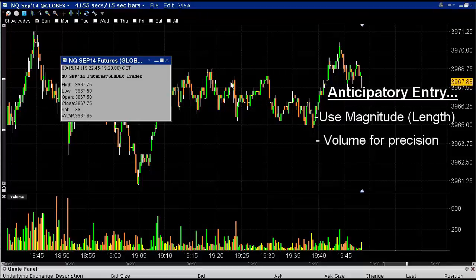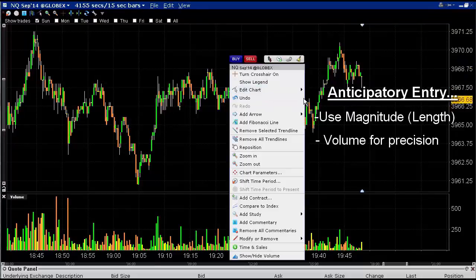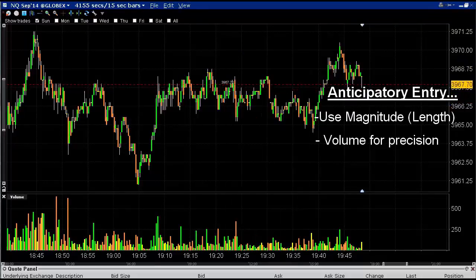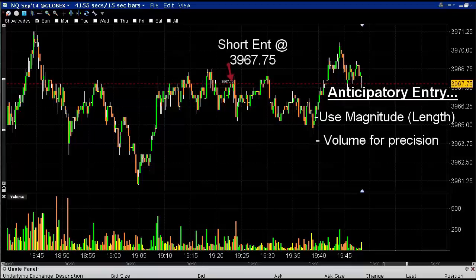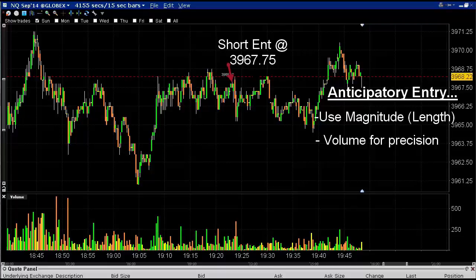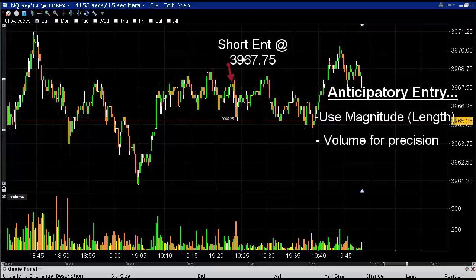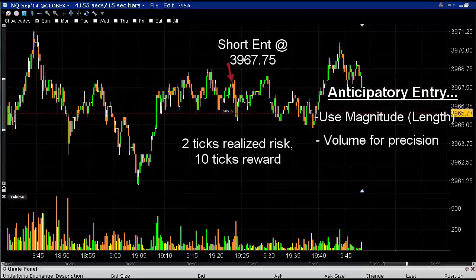You get the break, higher high, lower volume. You could enter straight away there, in which case you would enter at 67.75, and then the trade would be on. It goes 2 ticks against you and proceeds to drop to 2.5 points or 10 ticks in your favor in the next 15-30 seconds.